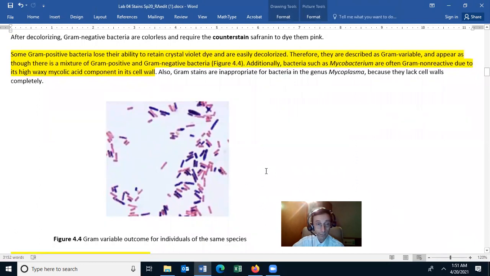All right, some gram-positive bacteria lose their ability to retain crystal violet dye and are easily decolorized. Therefore, we describe these species as gram variable, and they will appear as a mixture of gram-positive and gram-negative bacteria having the same shape, like this right here, all rods.